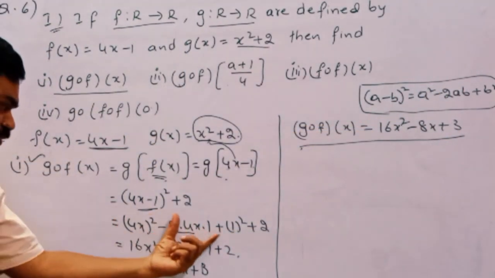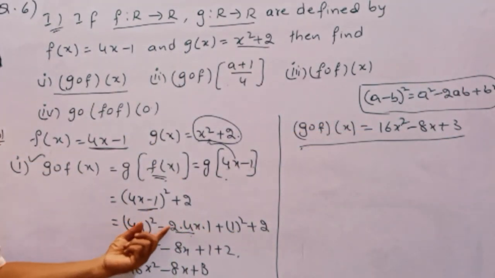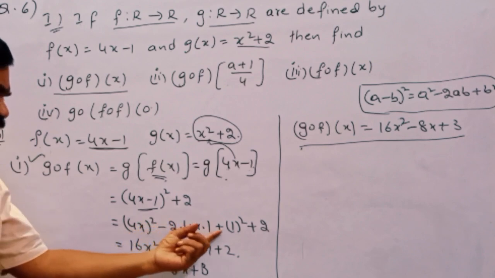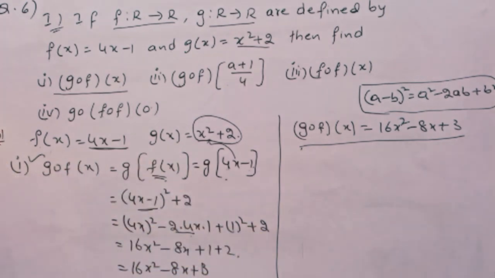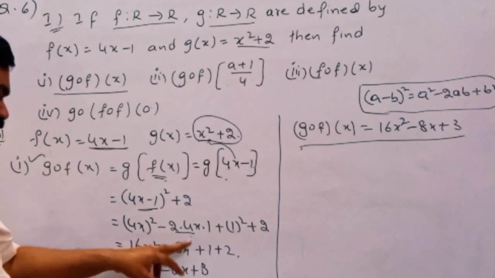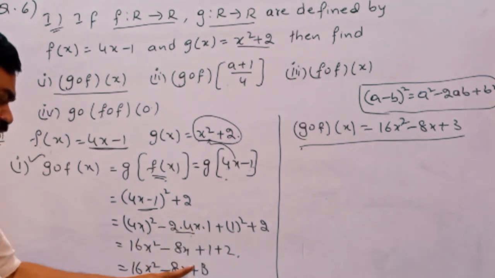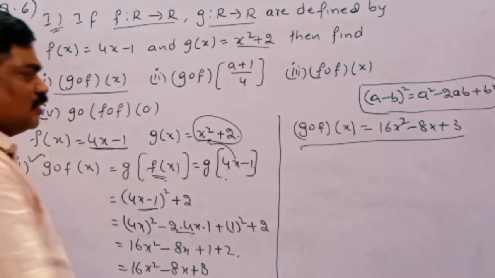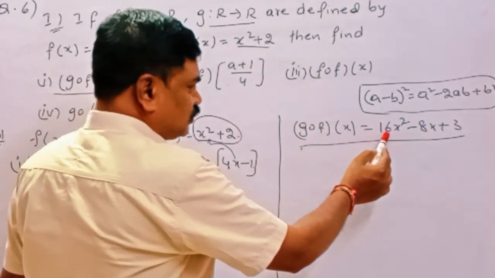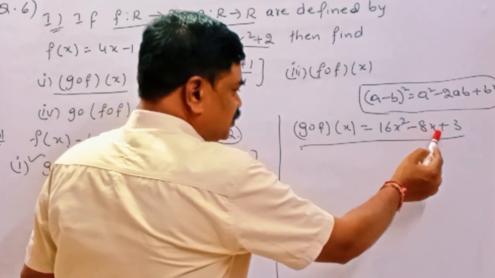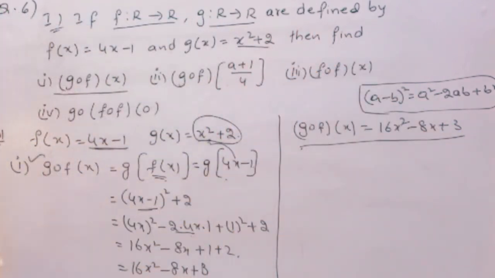Then you expand this one: (4x) square minus 2 into 4x into 1 plus 1 square plus 2. So 16x square minus 8x plus 1 plus 2, 16x square minus 8x plus 3. g circle f of x equal to 16x square minus 8x plus 3 is the answer.